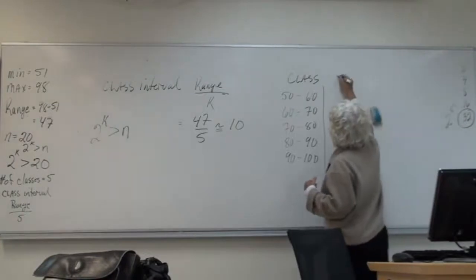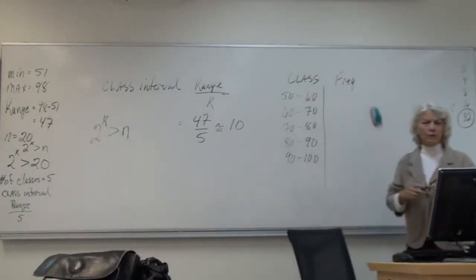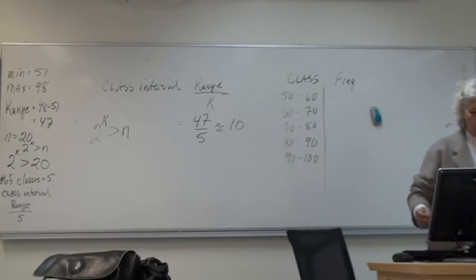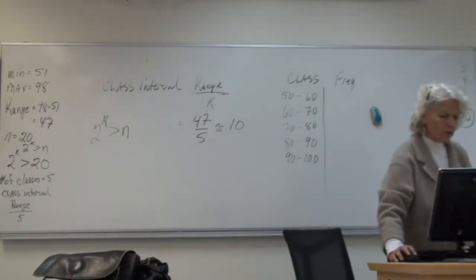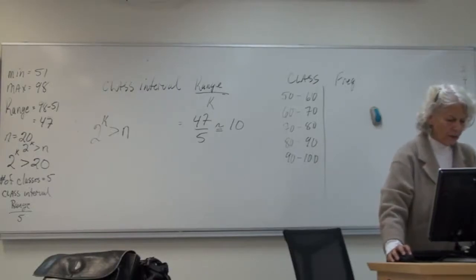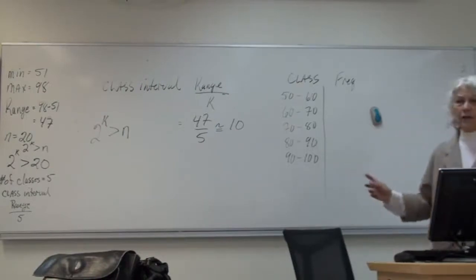Okay, so frequency. Because we have the values all in the calculator anyway, and because I want to review the histogram, let's let it do it for us. We're going to go into window, and we know that we're going to start at 50 and finish at 100.